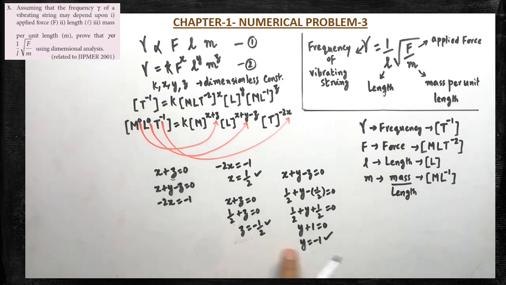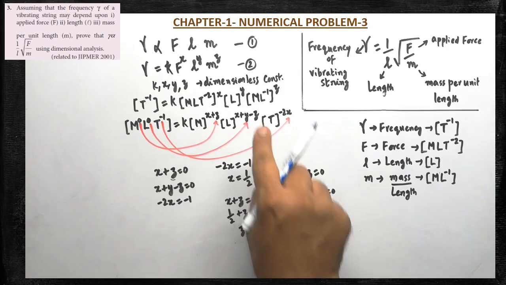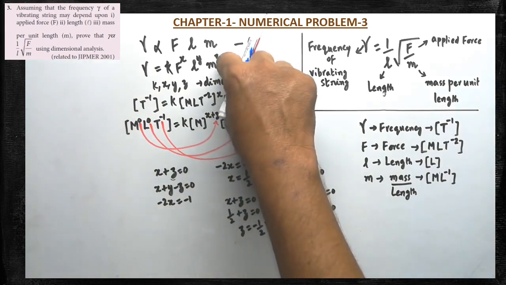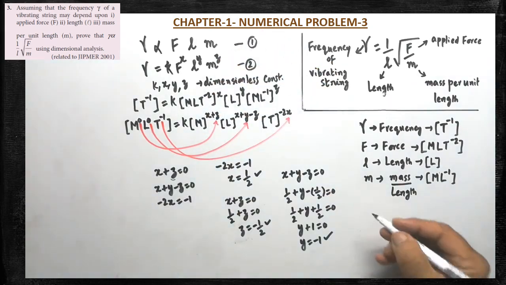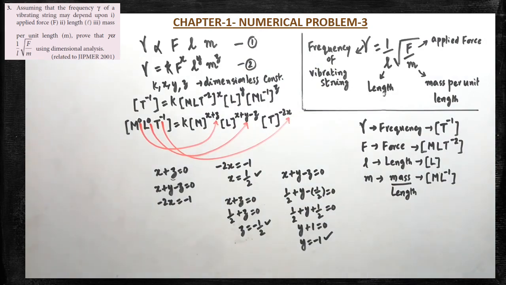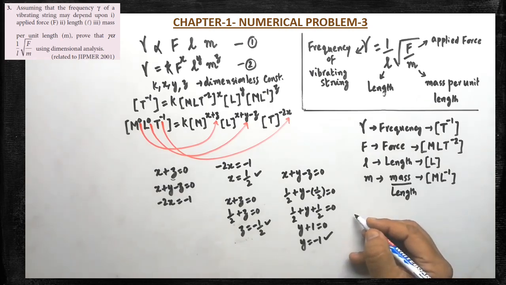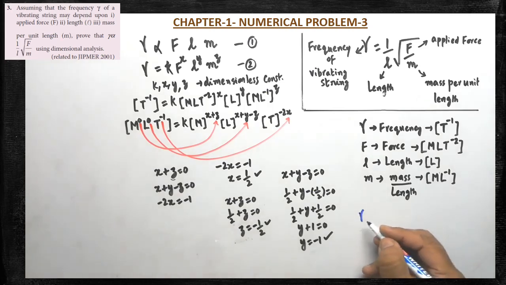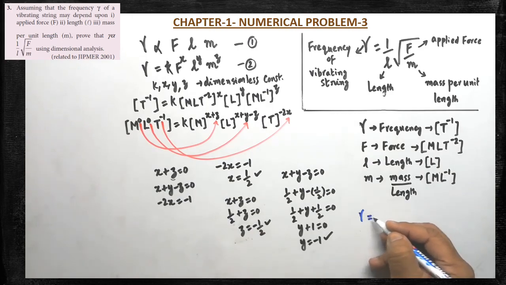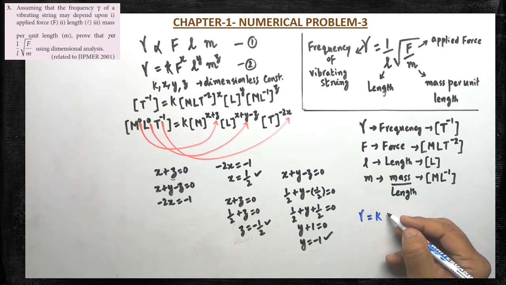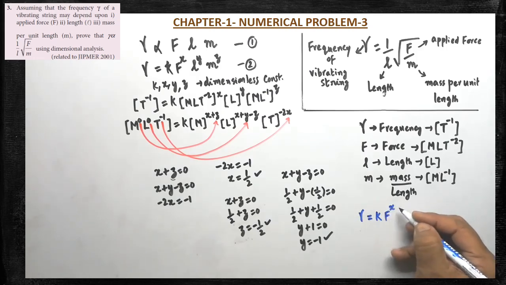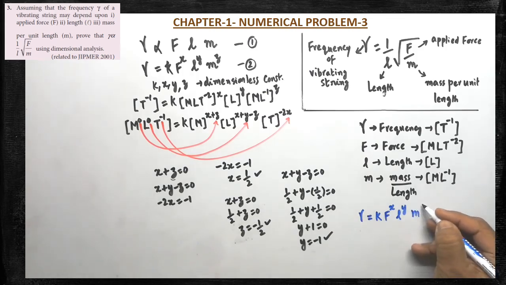Now, these 3 factors have to be substituted here. In which step? In the second equation. Now, I will write, just for showing some difference. So, equation second can be written like this. Frequency is equal to k, f power of x is there, l power of y is there, m power of z is there.